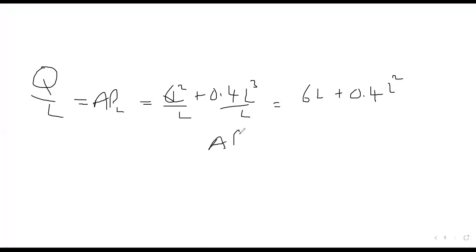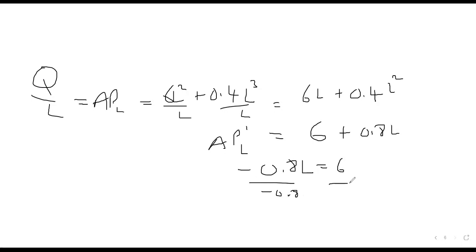Then we differentiate once. This will be 6 plus 0.8 L. So when this one comes aside, 0.8 L negative is equal to 6. So we divide by 0.8 over 0.8. Our L will be negative 6 over 0.8, which is negative 7.5.